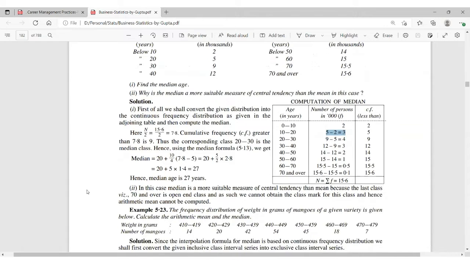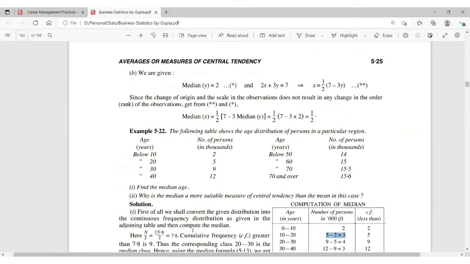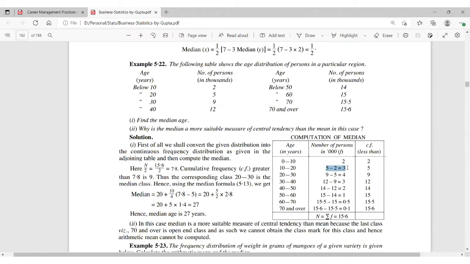Now, these given values are the cumulative frequency. If it is not given, you can find it like this: 2 as it is, then 2 plus 3 is 5, 5 plus 4 is 9, 9 plus 3 is 12, 12 plus 2 is 14, 14 plus 1 is 15, and so on. Clear? Now, n comes to be the total.